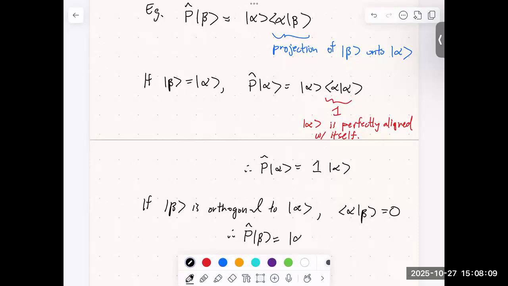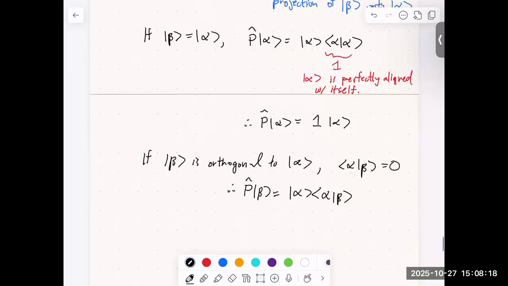So it's alpha, alpha, beta. Oh, so that's not going to work. Sorry, I got confused. So this is going to be 0. And so I guess we could write this as 0 times alpha, and so we get nothing. So there's no alignment of beta with alpha.